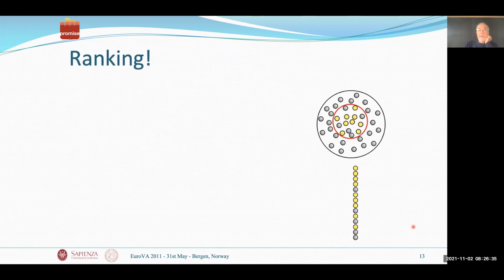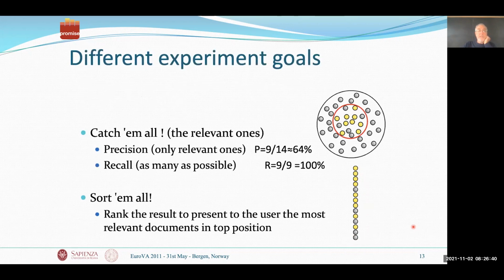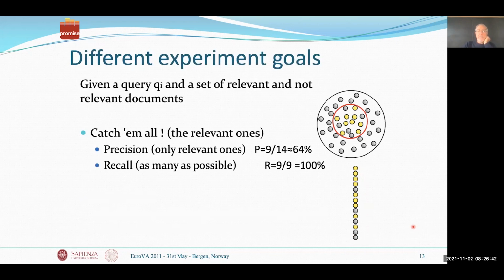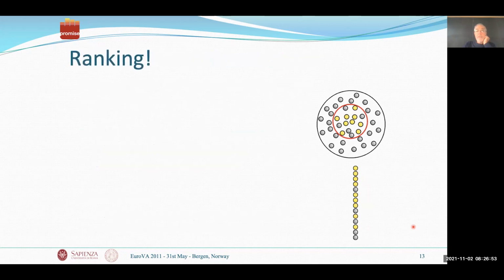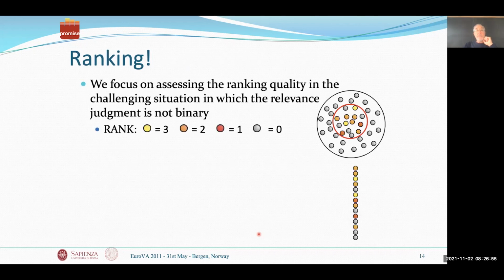So ranking is a good idea. Not only do you go for precision and recall as your goal, but you want to rank the documents in the best way, assuming that in this case the relevance is not binary. We have not relevant, relevant, very relevant, highly relevant documents: yellow, orange, red, and gray.